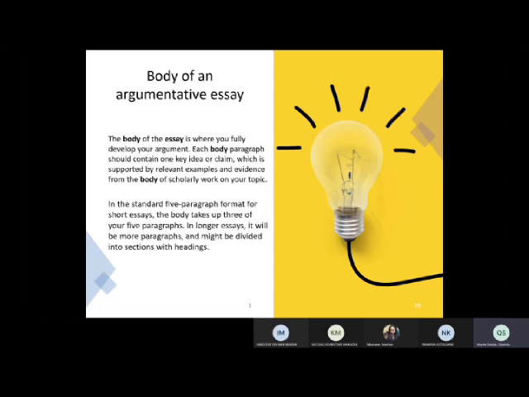So in the standard 5 paragraph format for a short essay, the body takes up 3 of your 5 paragraphs. So just as I explained earlier, you have your 3 paragraphs, and then you have the introduction and the conclusion. In long essays, it will be more paragraphs and might be divided into sections with subheadings, okay?